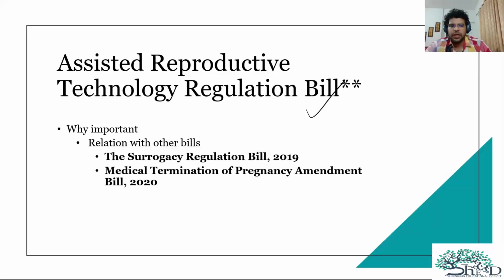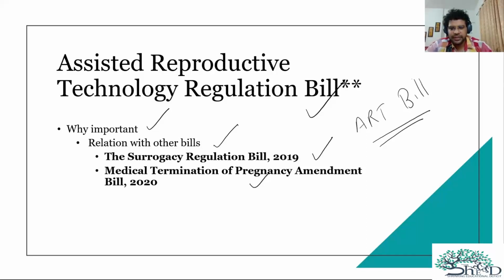Now coming to the last part. Why it is very important to study: because this bill has a relation with other bills, the surrogacy regulation bill and the medical termination of pregnancy amendment bill. The surrogacy regulation bill has said that it would be important to bring the ART bill. Let me explain it in another way.